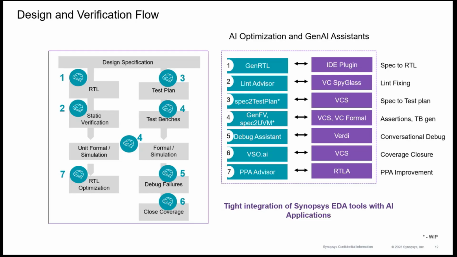Gen RTL can be used for spec to RTL. Lint Advisor can be used for lint fixing in our VC Spyglass static tool. Spec to test plan can be used for test creation in our VCS tool. GenFV can be used in VC formal, and Spec2 UVM can also be used in VCS.